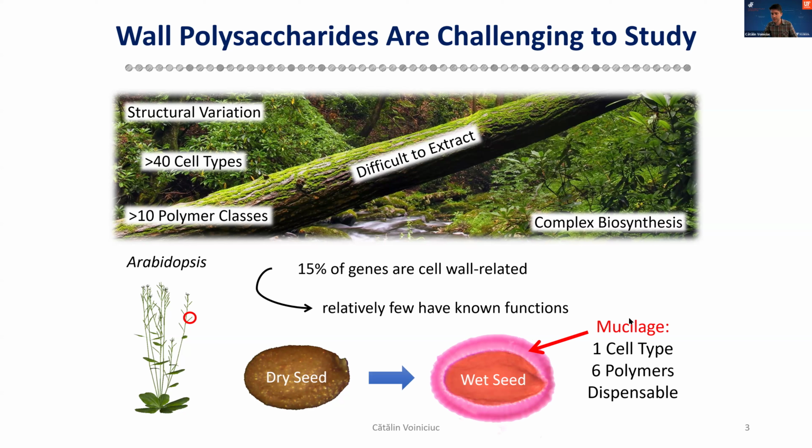And my PhD, which was completed in Germany after a master's in Canada, was focused on understanding what the components of this simplified cell wall are, because it is easy to visualize and extract. And it has the advantage that it is genetically dispensable under laboratory conditions. That means you can do the most terrible things to the Arabidopsis seed coat, and at least in the lab, most of those mutants can still germinate and give rise to the next progeny.